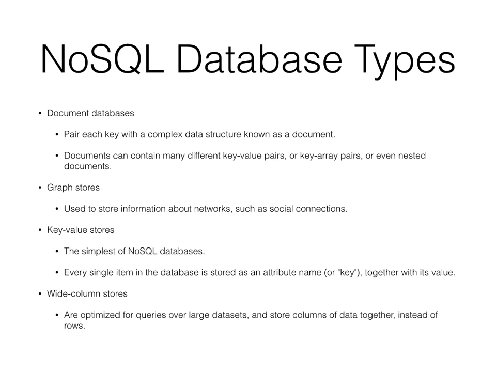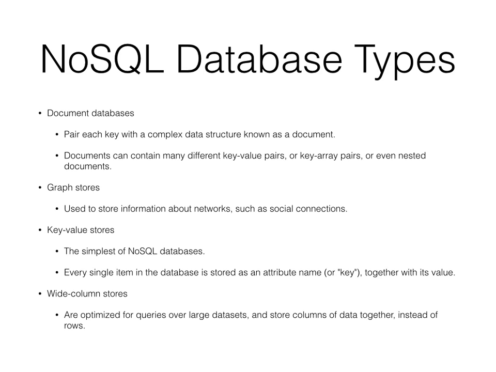Graph stores are used a lot in things like targeted marketing, where it can find relationships between disparate sets of data, and that information can be made actionable very quickly. The simplest of NoSQL databases is key value stores, where every single item in the database is stored as an attribute or key together with its value.